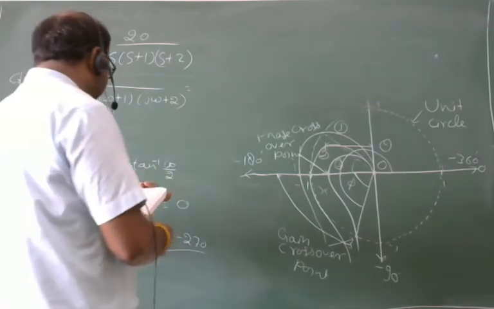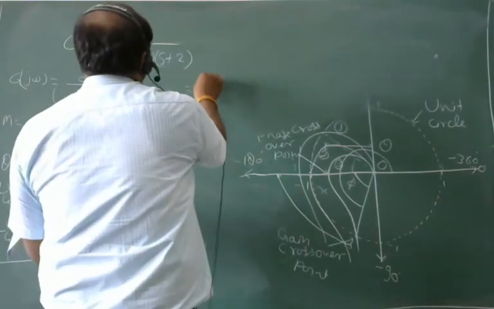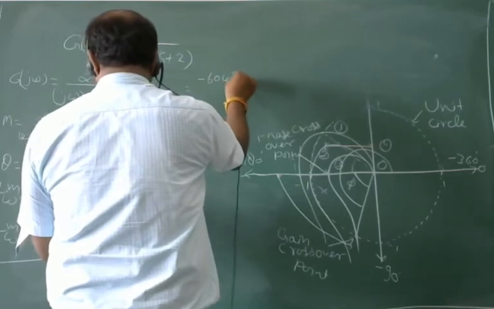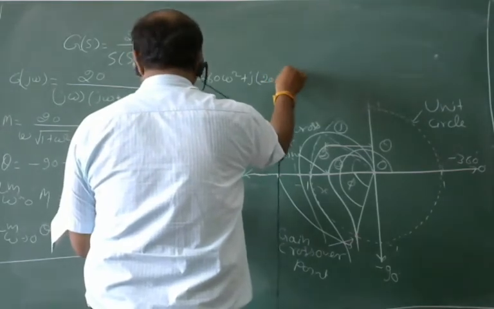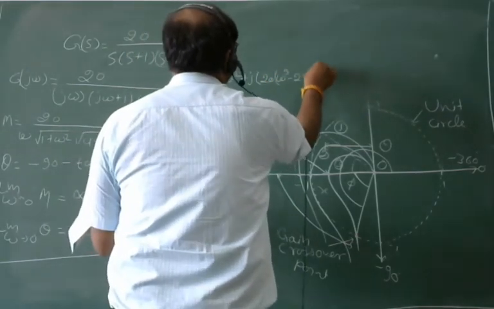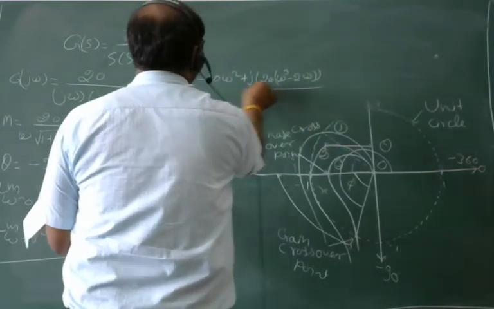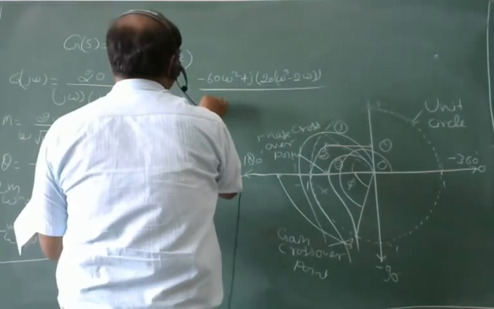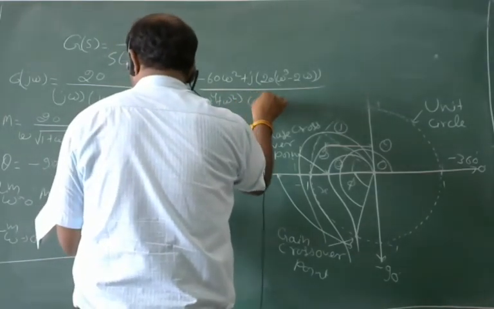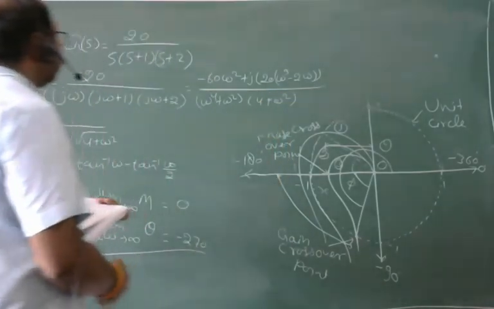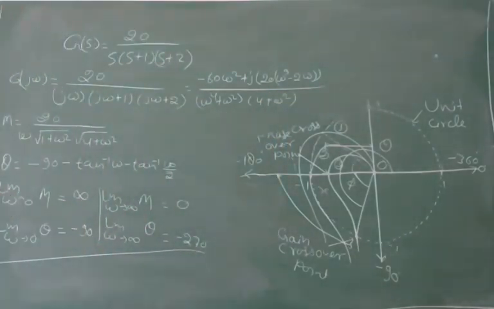So in real and imaginary terms, this can be written as minus 60 omega square plus j times (20 omega cube minus 2 omega), divided by omega power 4 plus omega square, 4 plus omega square, right?